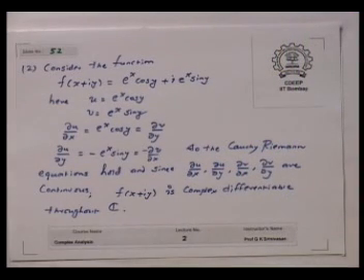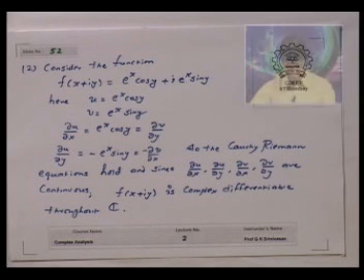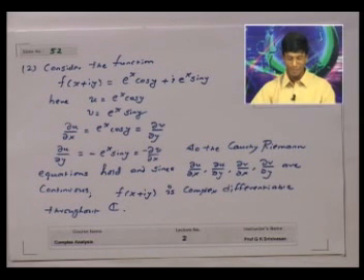Alright, so let us look at this particular function e to the power x cos y plus i e to the power x sin y. What is your u? Your u is e to the power x cos y and your v is e to the power x sin y. What is del u by del x? E to the power x cos y is the same as del v by del y. Del u by del y is minus e to the power x sin y is the same as minus del v by del x.